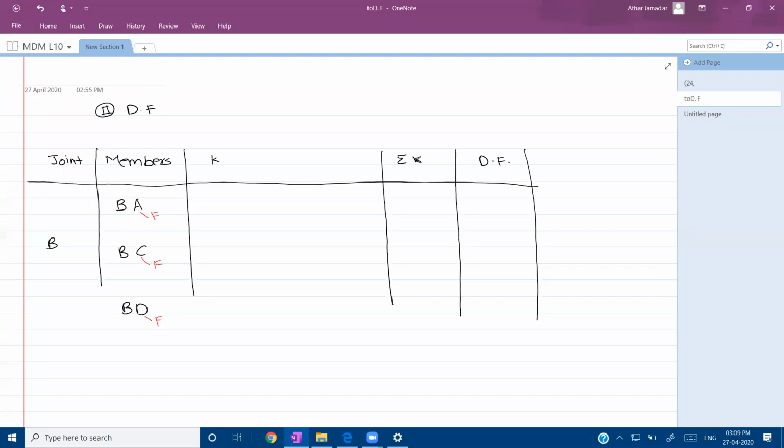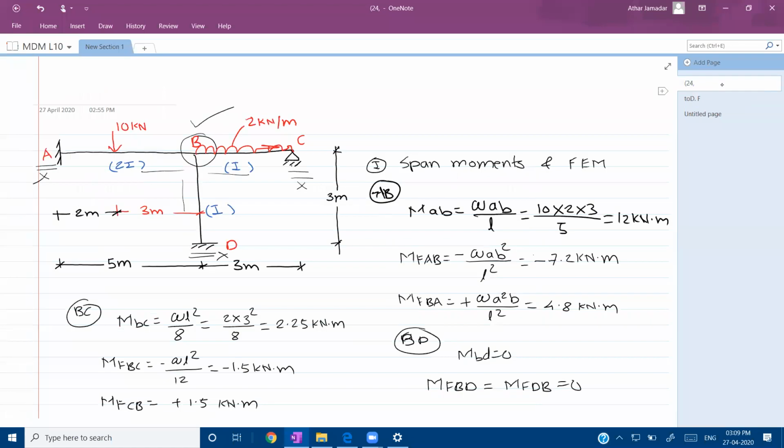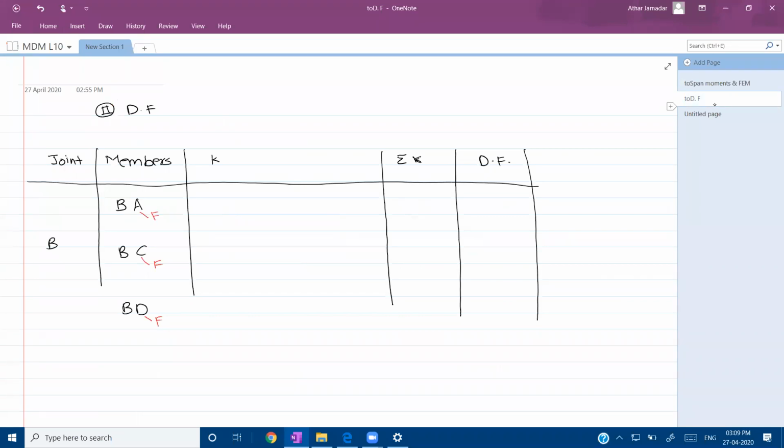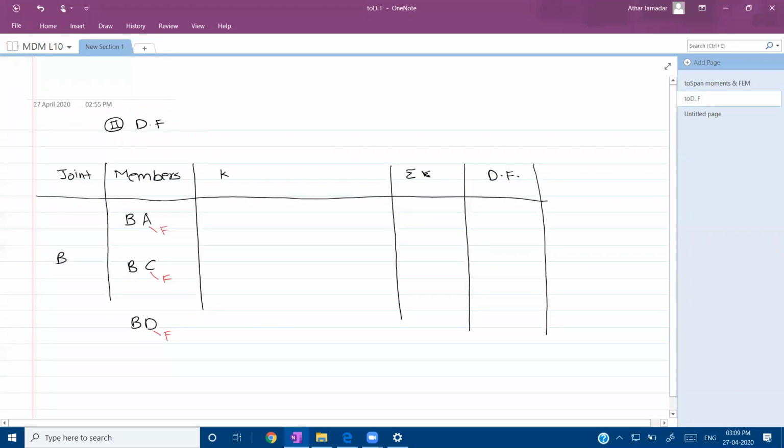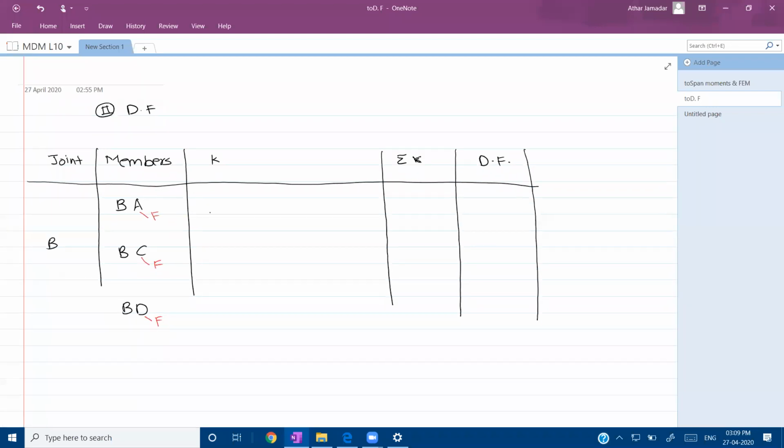Now, in case of BA, if you observe, A is a fixed support. So whenever the far support is fixed, at that time K is going to be EI divided by L. So for BA, EI is 2EI, so 2EI divided by L, where L for BA is 5.